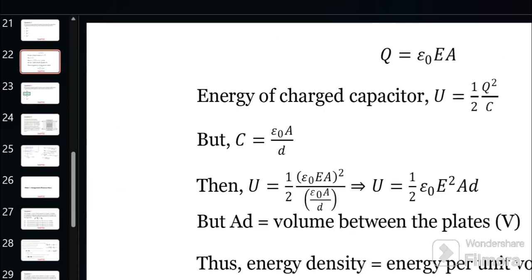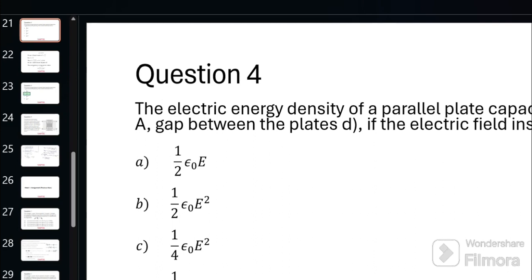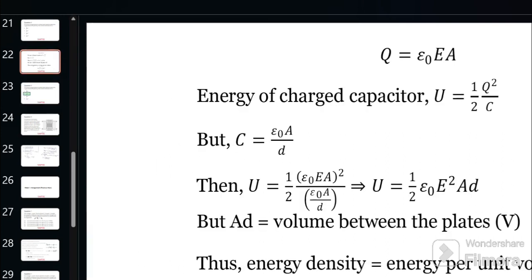Yeah, so this is question 4 and this is the answer. So answer is B. This is how we got it.